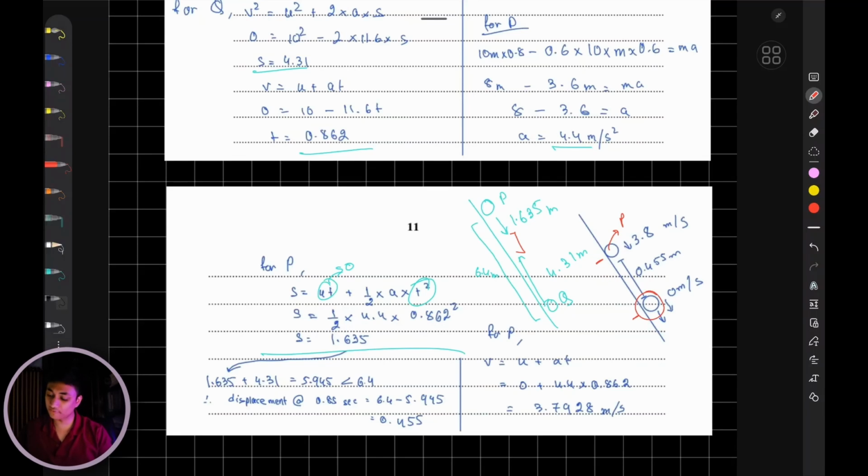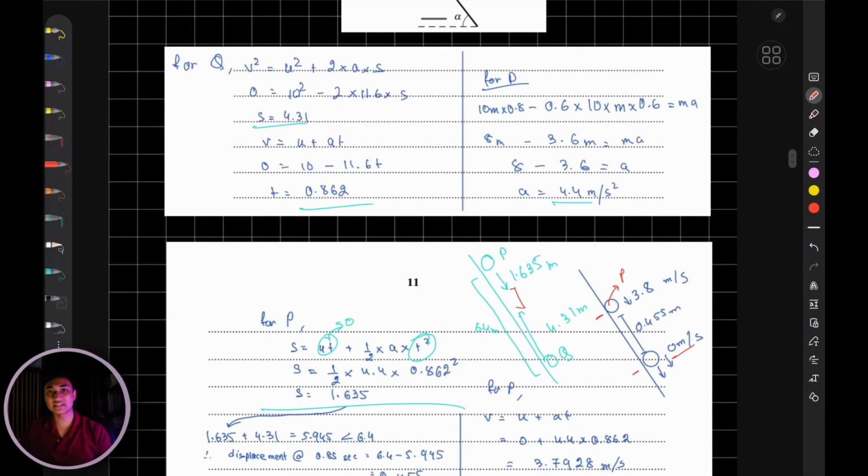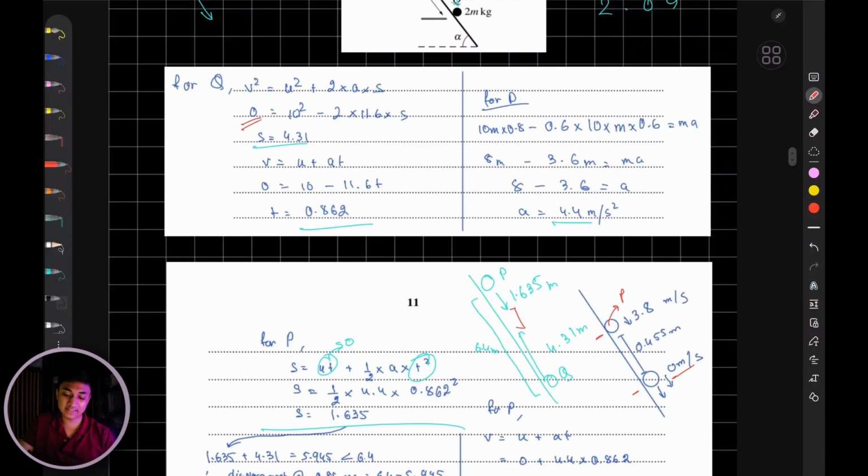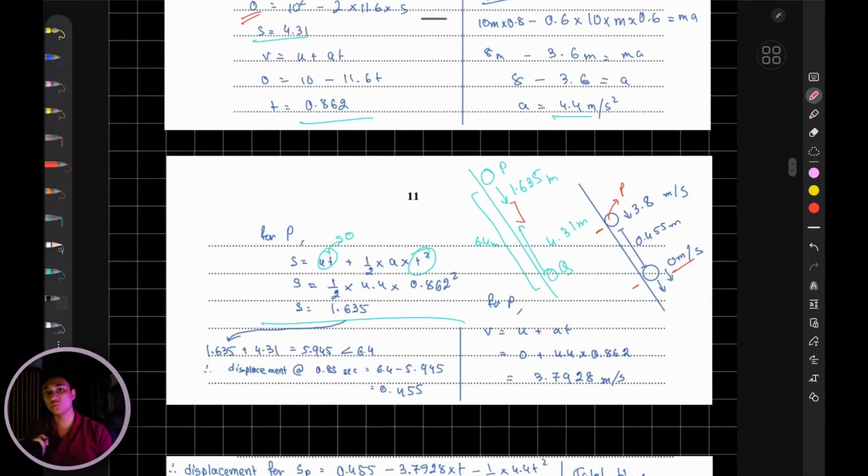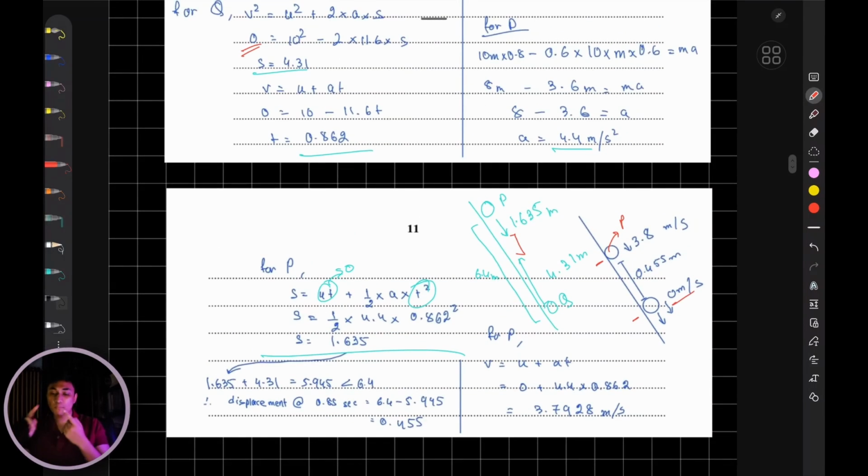Because you know the velocity of Q, that is 0 meters per second, because after 0.862 seconds, it reached a velocity of 0. That is what we have calculated. Therefore, we know the velocity of Q, 0 meters per second. We don't know the velocity of P though. What is P's velocity? So, after 0.862 seconds, what is the velocity of P?